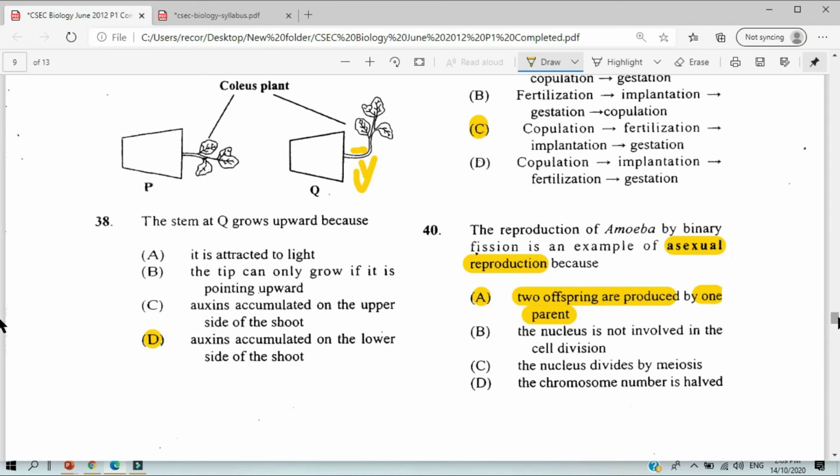The reproduction of the amoeba by binary fission is an example of asexual reproduction because A, two offspring are produced by one parent. Remember, asexual reproduction includes pretty much the production of offspring by using a part of the parent to produce an identical offspring.